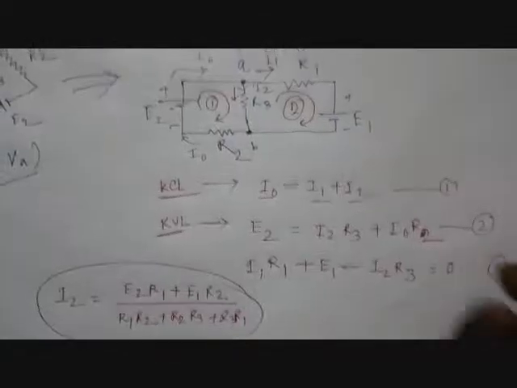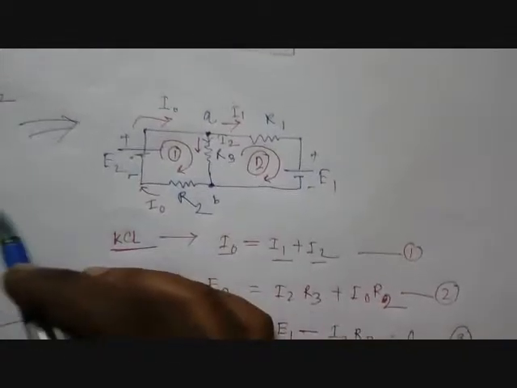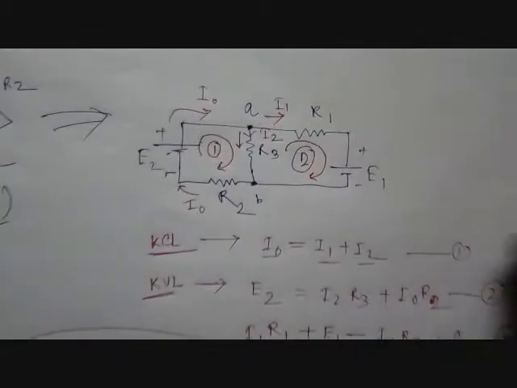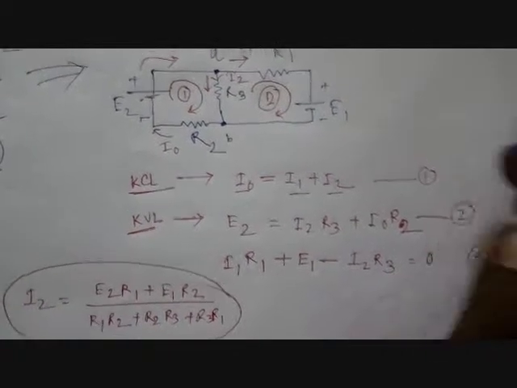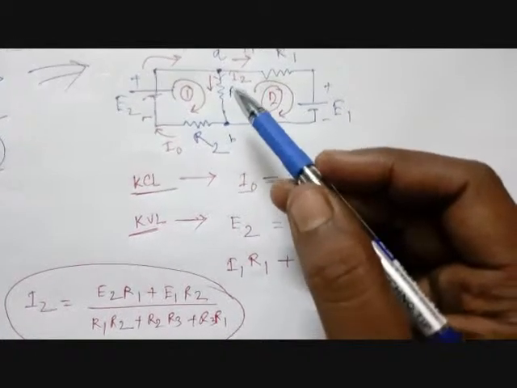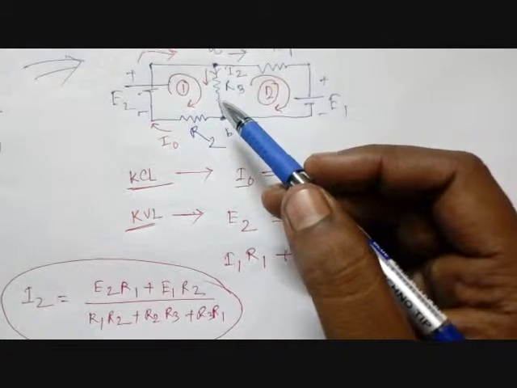Now to find out VB minus VA, you just need to multiply R3 by I2, which is actually the voltage drop across that branch.